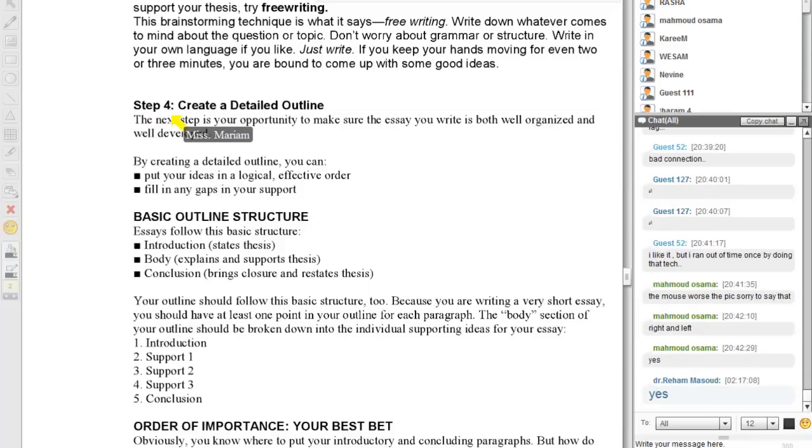So now we are talking about step 4. How to create a detailed outline. The next step is your opportunity to make sure the essay you write is both well organized and well developed. To make an outline means to put your ideas in order.